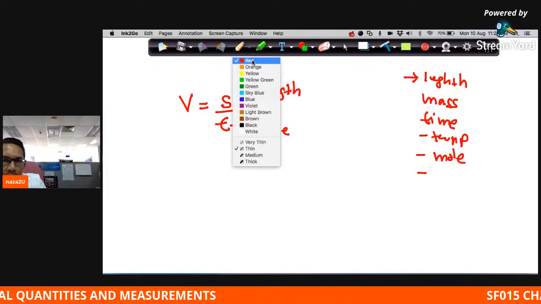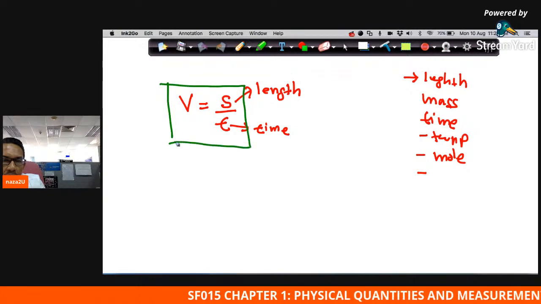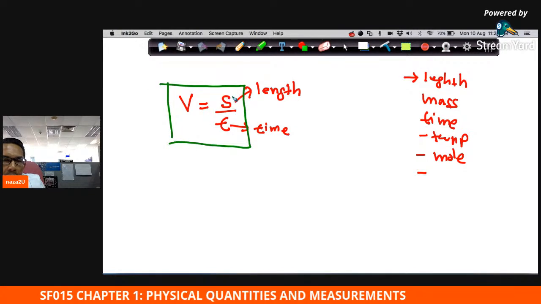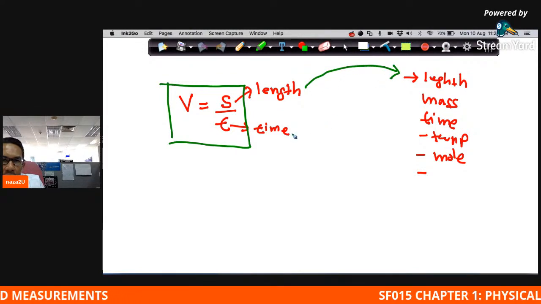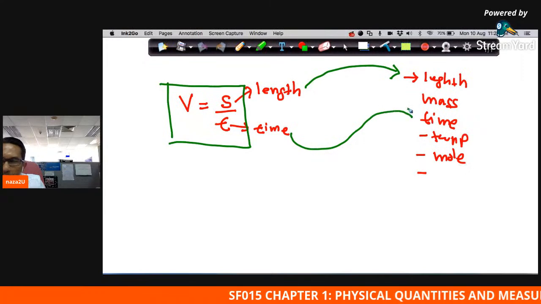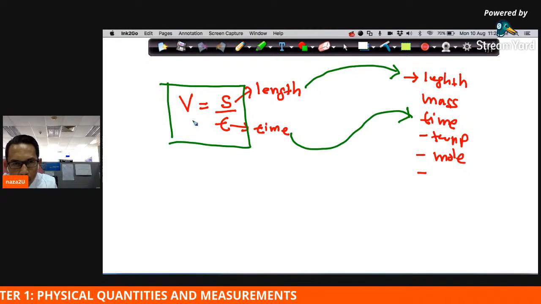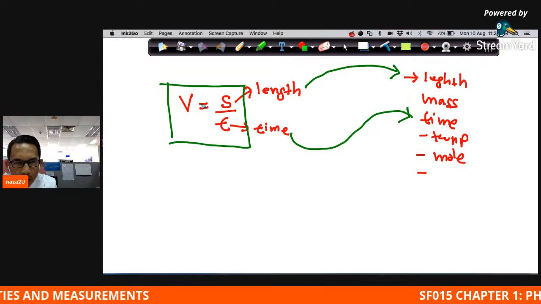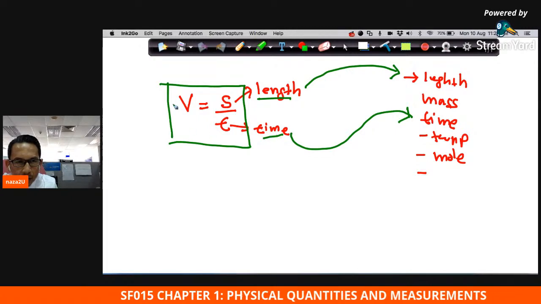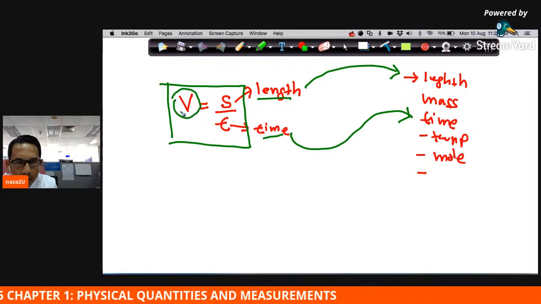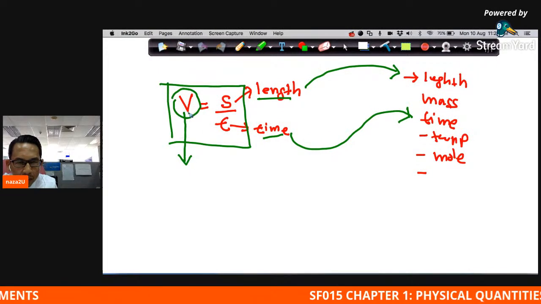Velocity here is a combination of two items from the basic quantities, length and time t, right? So velocity is equal to length divided by time t. Satu item baru kita panggil sebagai velocity kat sini.